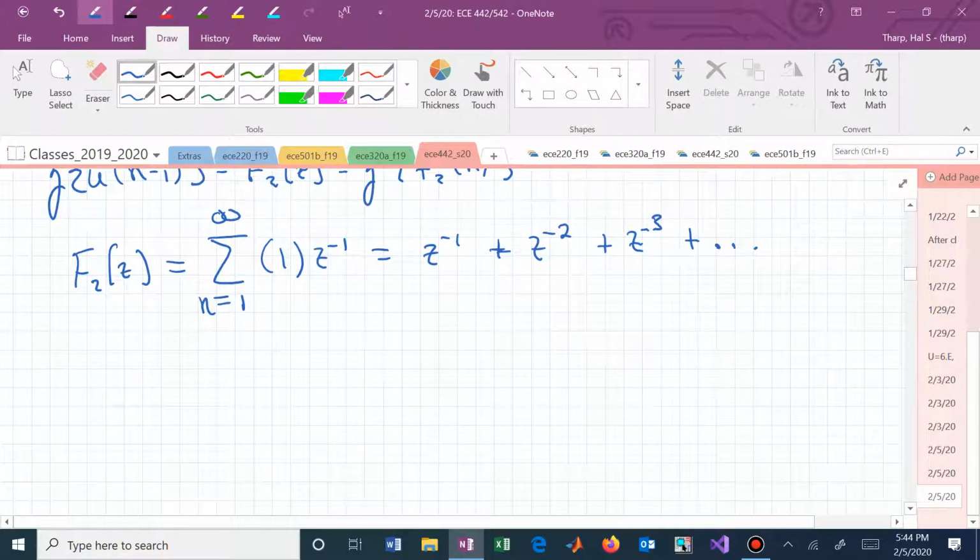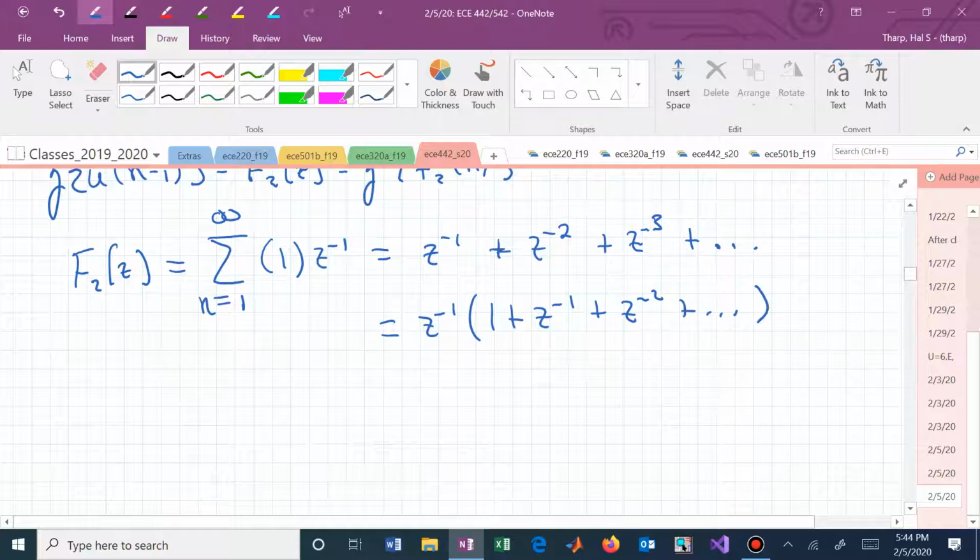It's z to the minus 1 plus z to the minus 2. We have the same common ratio. That has to still remain less than 1. And what is f sub 2? Can we compare that relative to f sub 1 of z? If I now wrote this as z to the minus 1 times 1 plus z to the minus 1 plus z to the minus 2, this is what we were calling f sub 1 of z before.